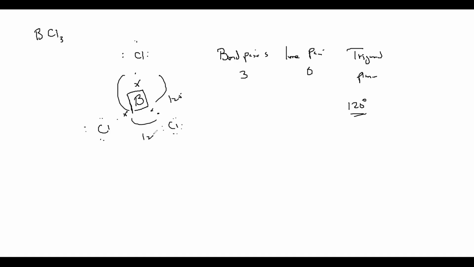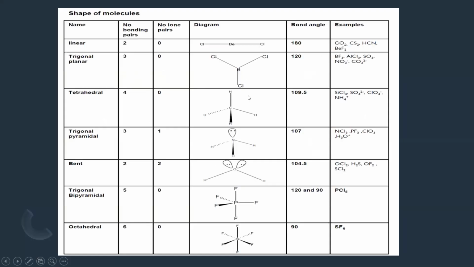For each geometry, a specific bond angle is there. Is it clear, the structure, trigonal planar? Any doubt in trigonal planar geometries?